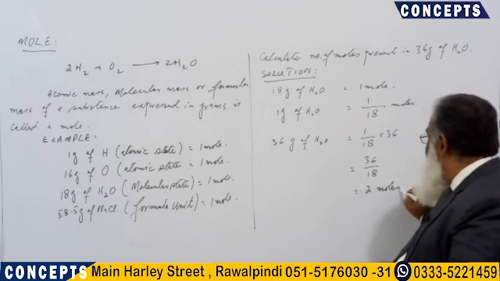In order to find number of moles, we have made a formula: this 36 is the mass of substance in grams.